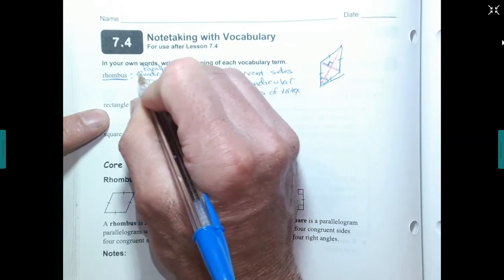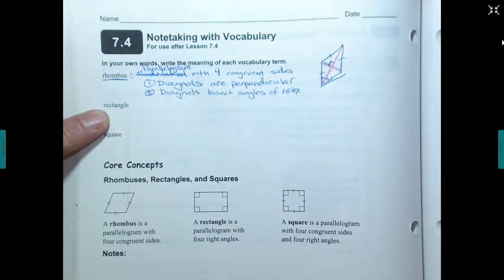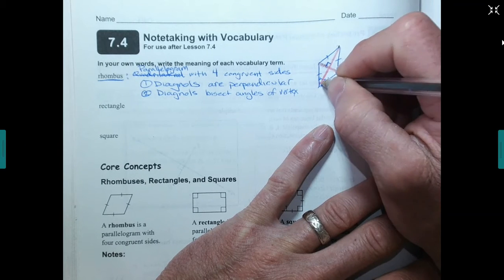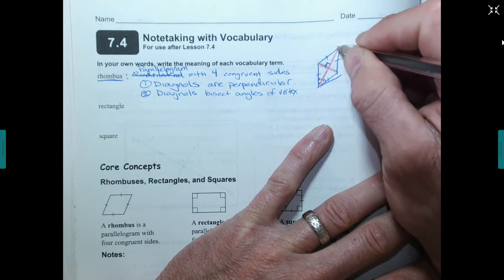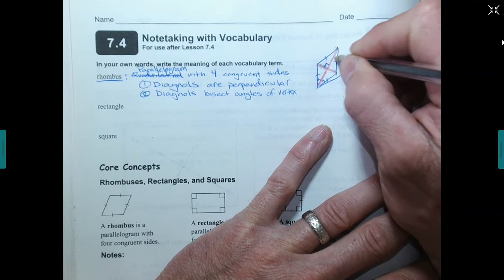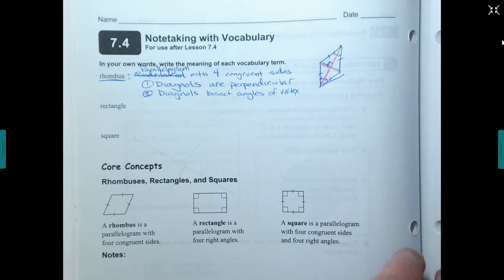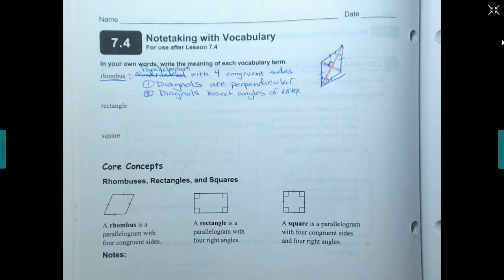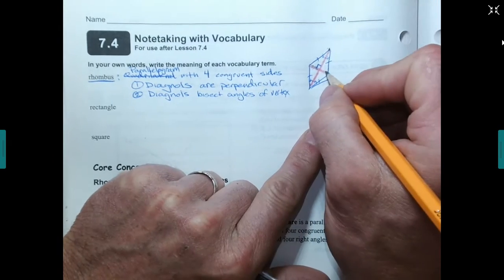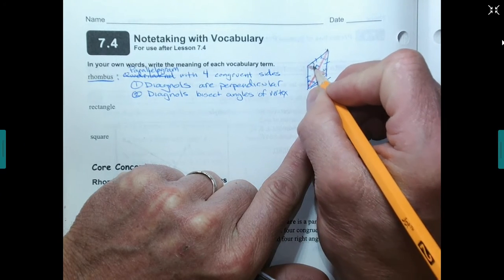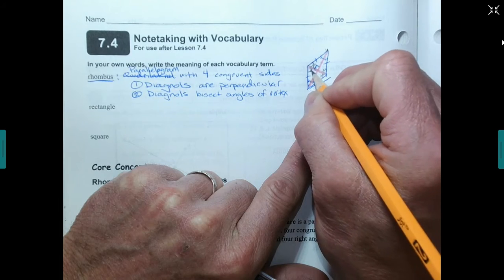I'm sorry, I should have been a little bit more specific. It's a parallelogram with four congruent sides. So since this bisects this side and opposite angles of a parallelogram are equal, these two are the exact same as these two, okay? And then these two are the exact same as these two.